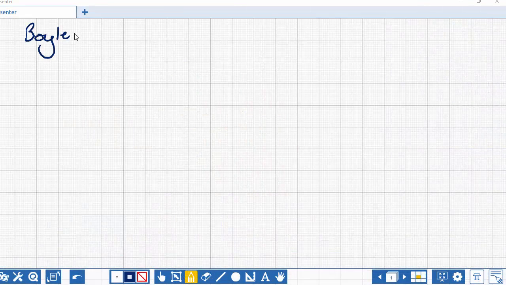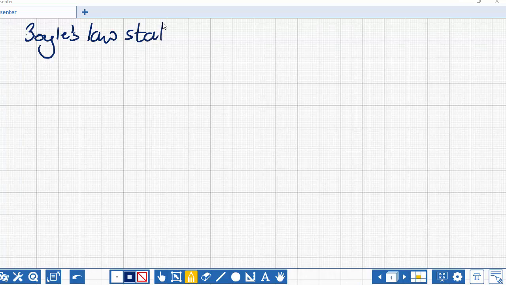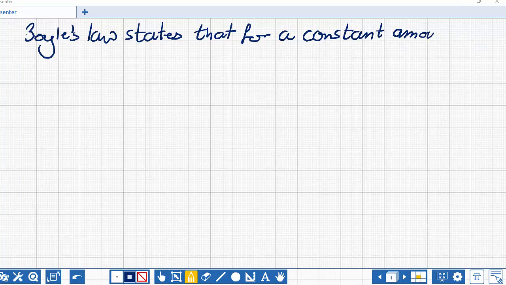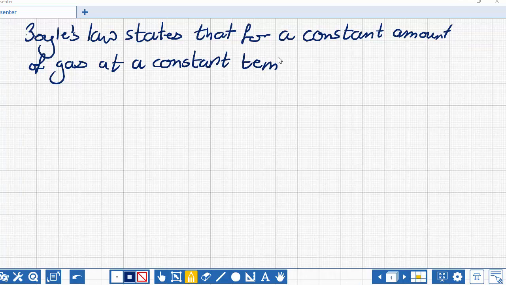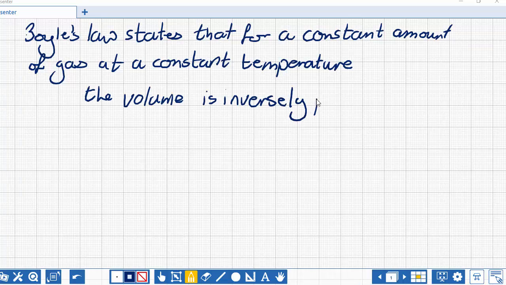So writing that down more formally, Boyle's law states that for a constant amount of gas at a constant temperature, the volume is inversely proportional to the pressure.